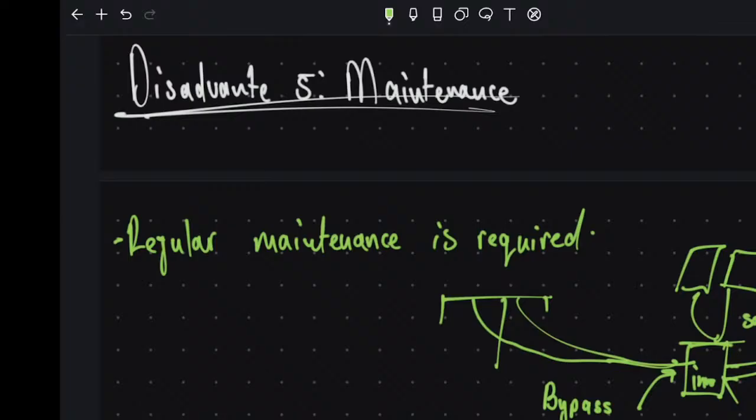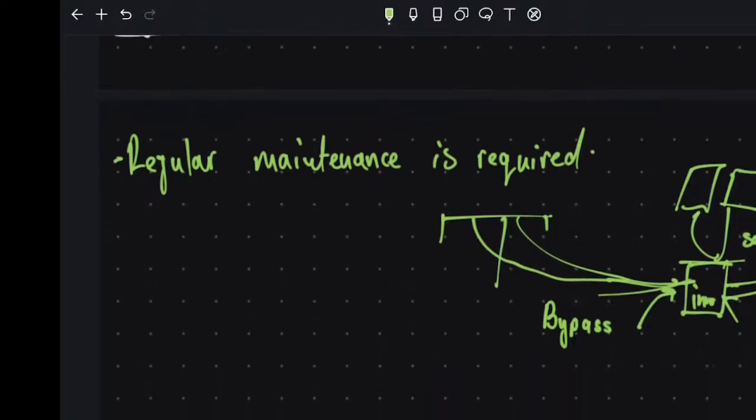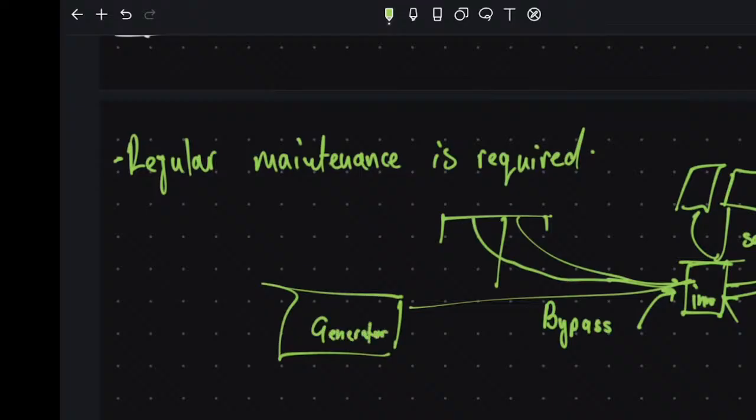Automated systems are able to change between solar, bypass, and even generator. You can even connect a third thing, a generator, if you want. So for example, if electricity goes early in the morning, around 5, and the company needs to work, say it's a hospital, then obviously the solar has not been working.